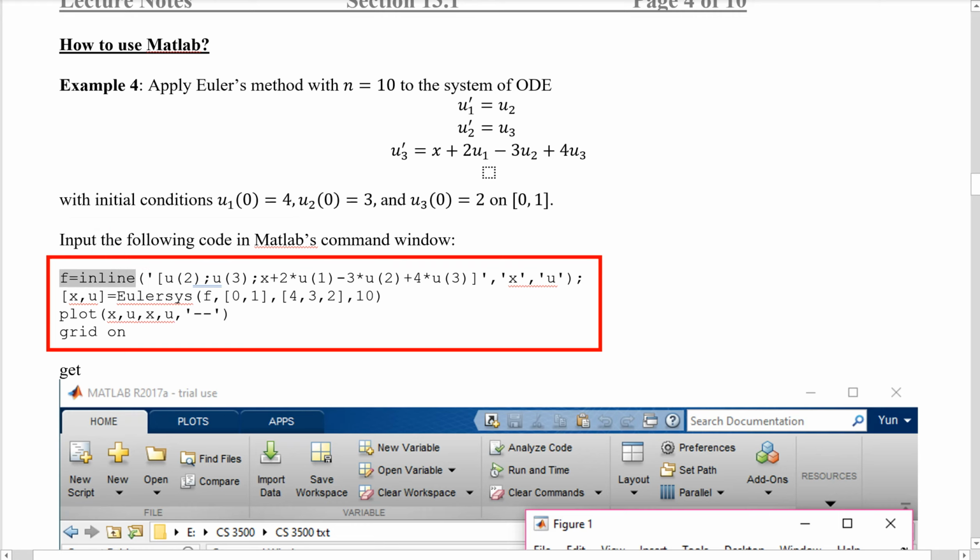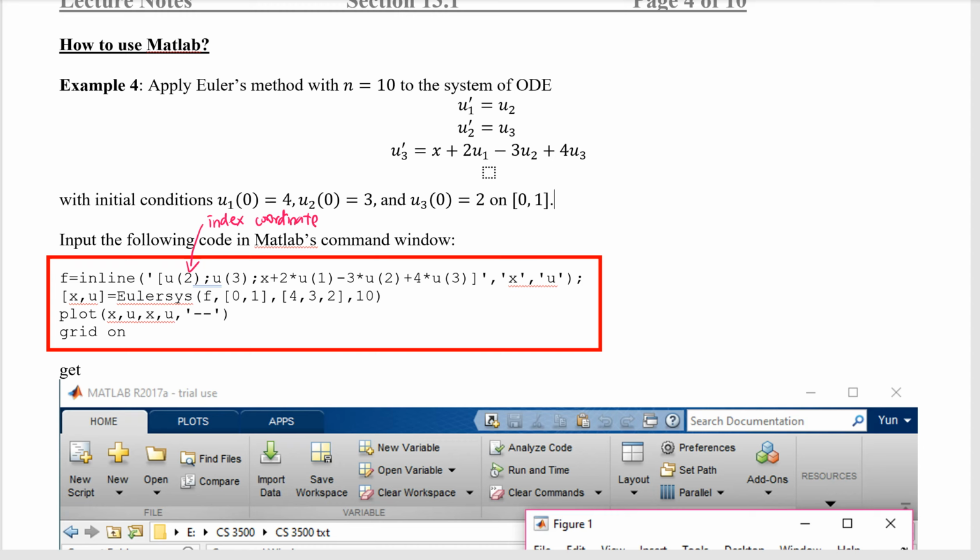So you do f equals inline, and then we have the brackets. Okay, the first one we have u2. So u of 2. Oh sorry, abuse of notation. In this case, this 2 is actually the index of the coordinates.